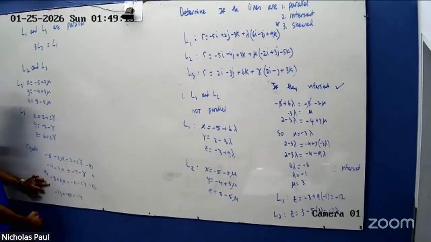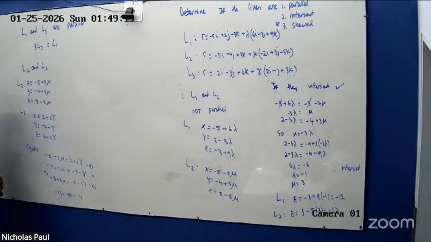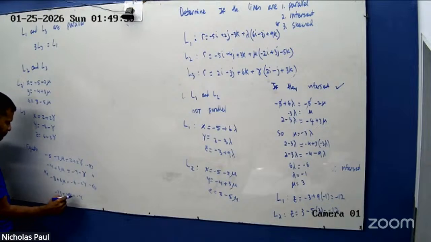This will cancel. So when I carry that there, I get a fraction. I got 4 mu to be 9.